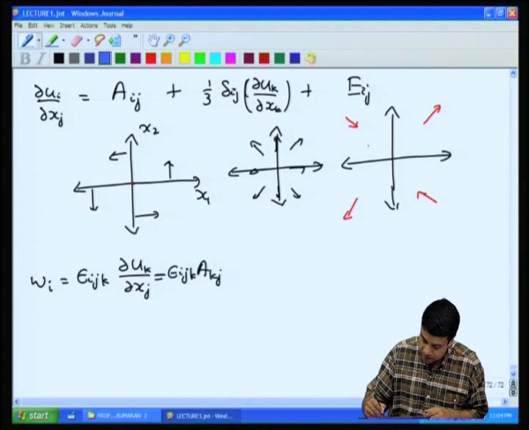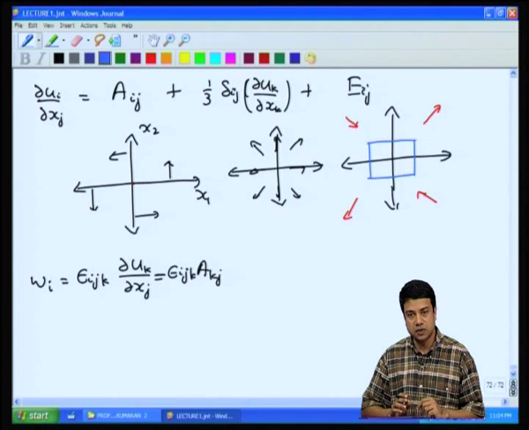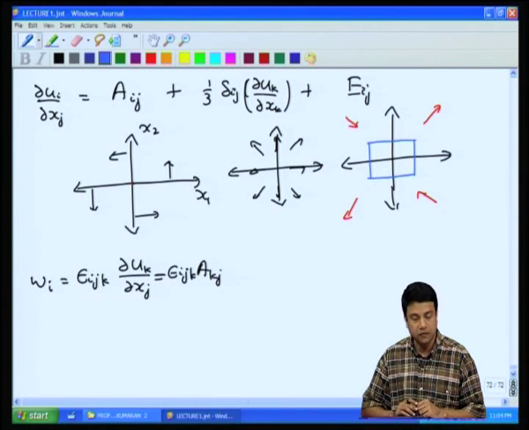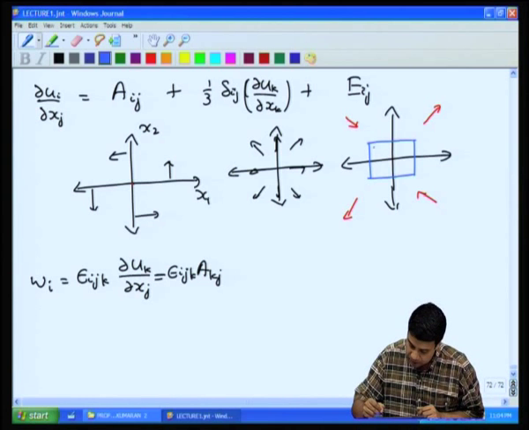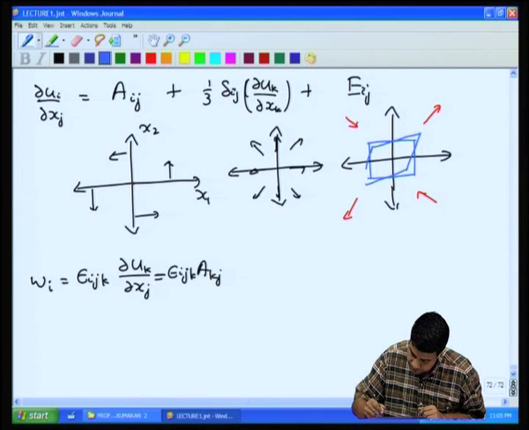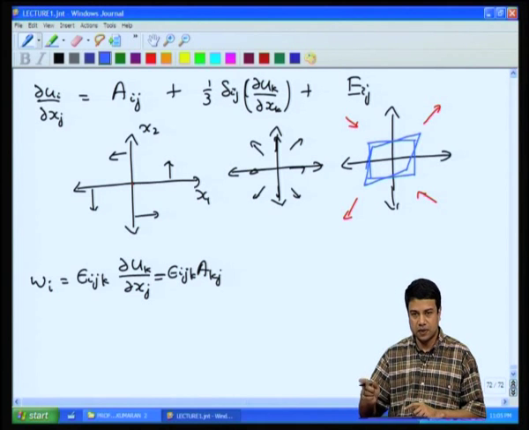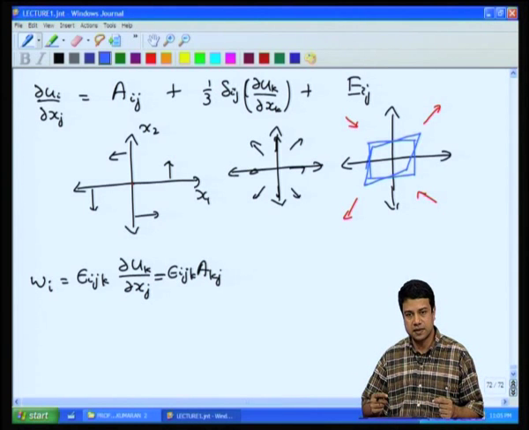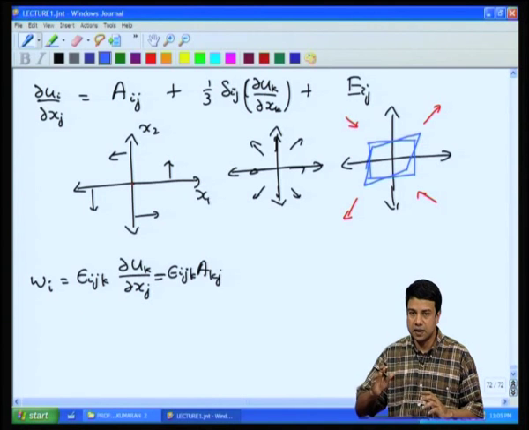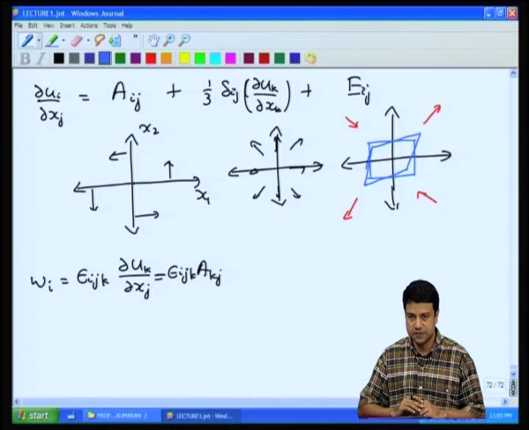So, if I have some differential volume here, and if I look at how this extensional motion will deform this differential volume, after some time I will have the volume looking something like this. It is going to deform in such a way that it extends along one axis, compresses along the other axis, in such a way that the area is preserved in two dimensions or the volume is preserved in three dimensions.